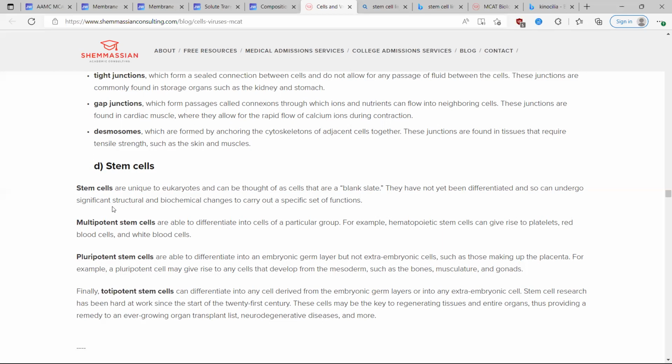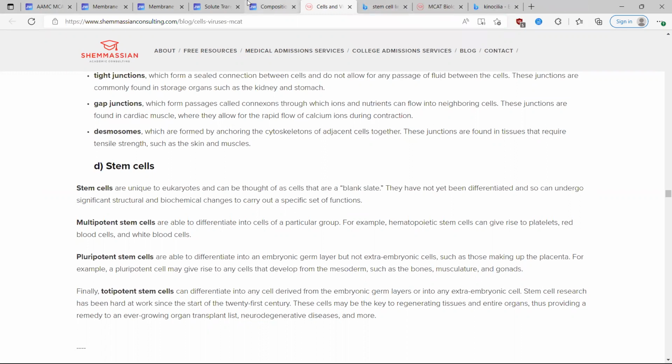For example, we have stents to expand arteries, but what if we could just grow another artery and replace it, right? That's kind of in the realm of science fiction, but we hope to be able to do that one day.